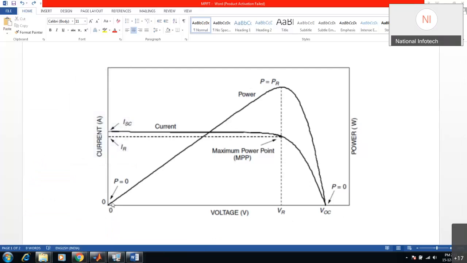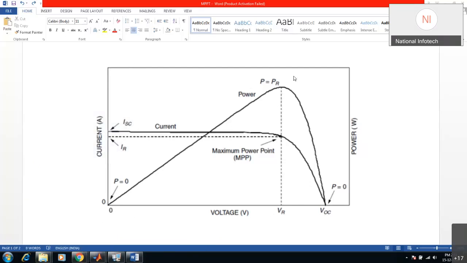Now VOC becomes 0 to 132.9, so we will vary VPV in the range of 0 to 132.